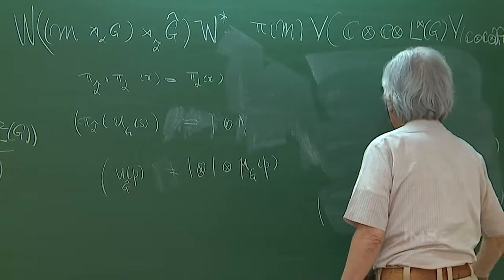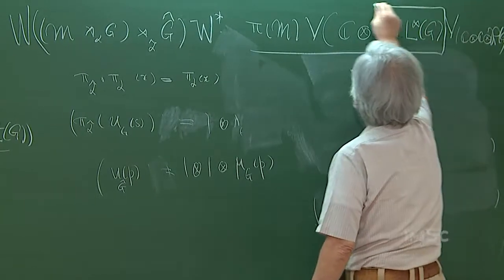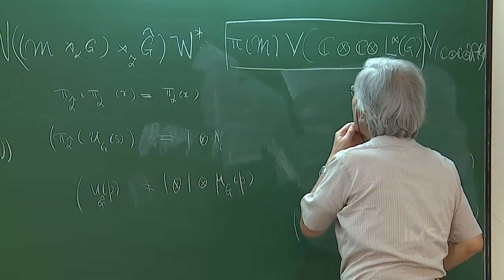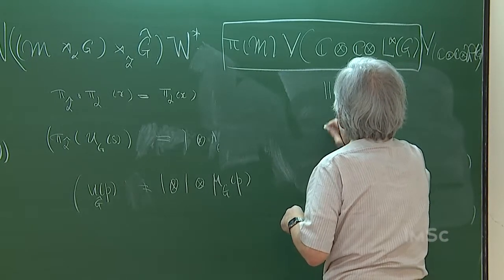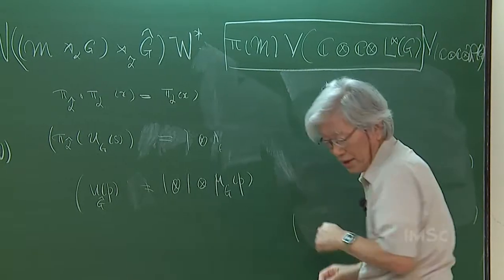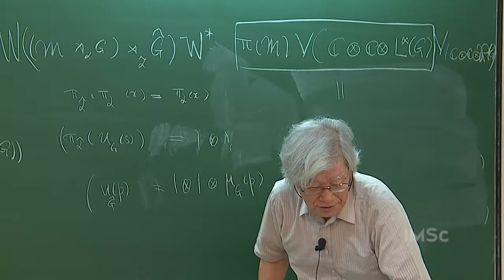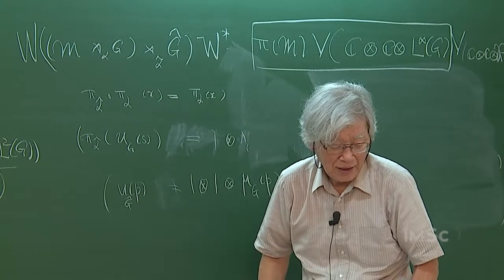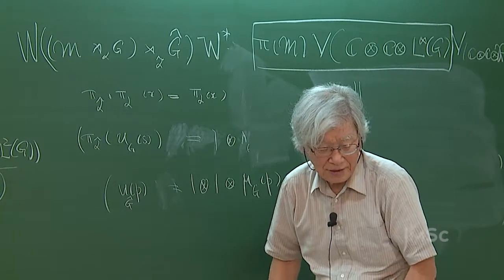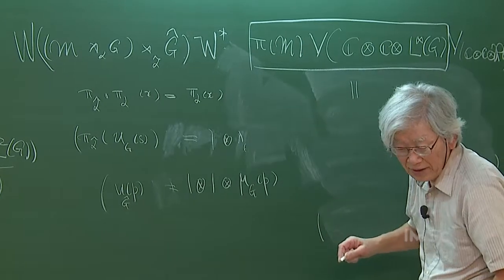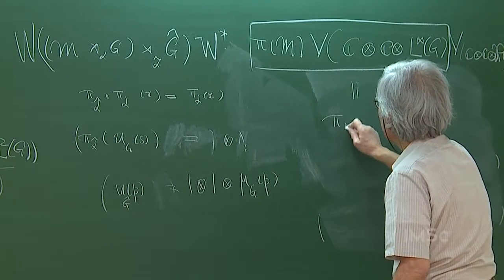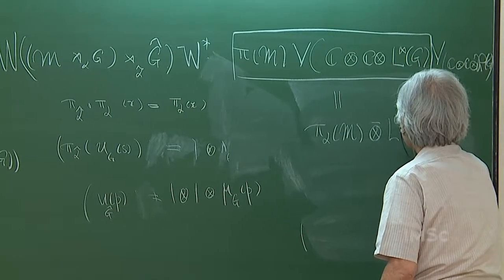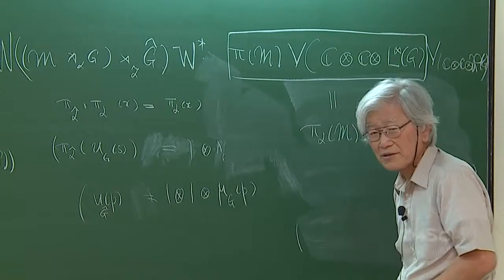Pi r, this is indeed equal to pi alpha of m tensoring with L infinity of G. This is equal as a set.